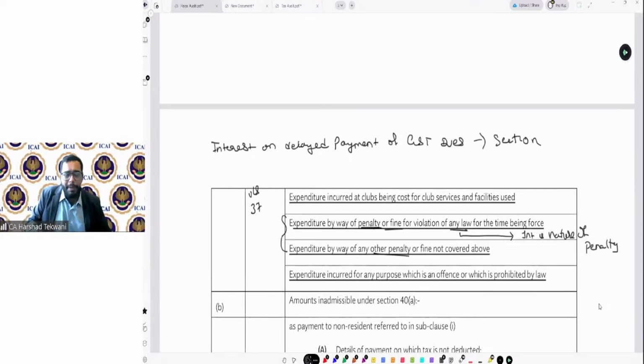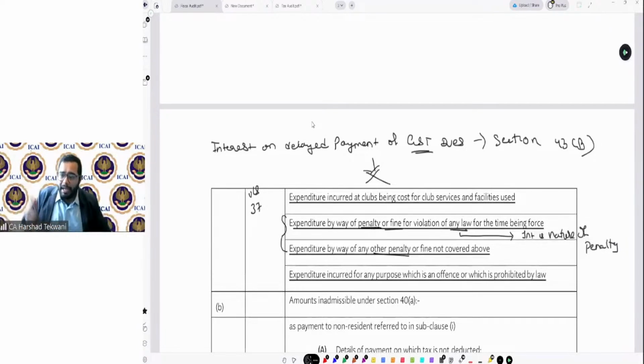Not to be reported under this clause. Interest on payment of GST, is it reported under this clause? That totally depends upon the provision of the law. GST interest is not a penalty. That's why I specified GST.